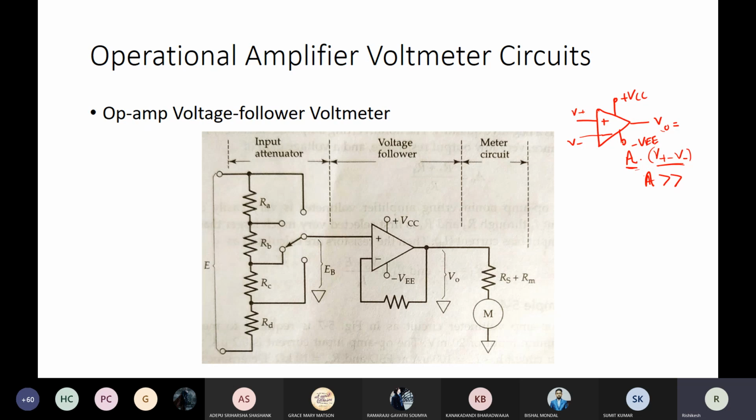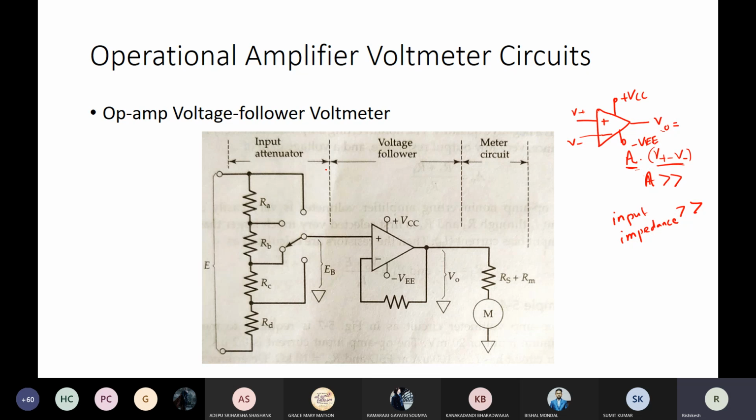One more important characteristic is the input impedance of the op-amp. It is infinity ideally, but very high in practice. These features are key to the design of a voltmeter, because we would like a circuit which takes very little current.